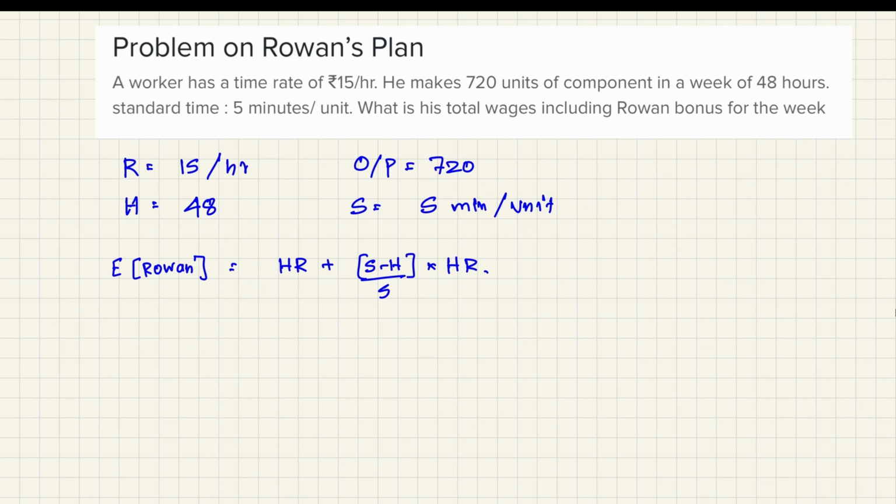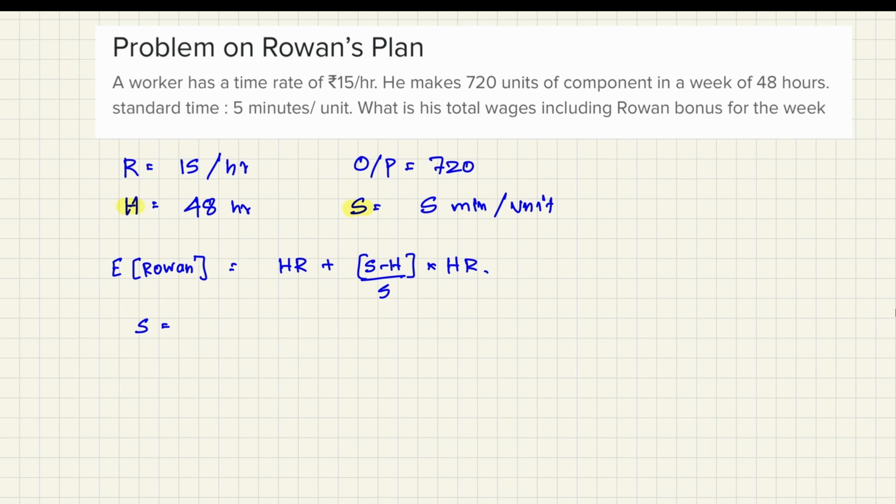In the case of this worker, I cannot directly substitute in the equation. Why? The reason is very simple. H and S, I have to calculate savings, but they are not in the same units. Here the standard they have given is 5 minutes per unit. So that means I have to convert the standard into hours. How do I do that? Some simple mathematics.